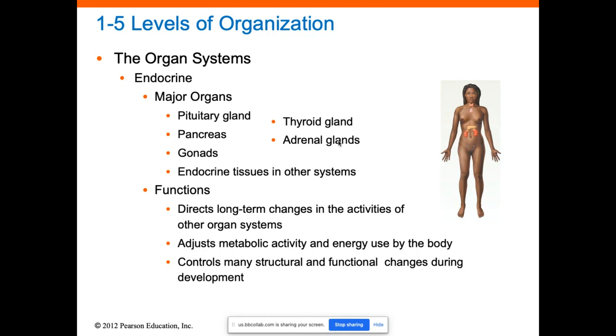Just get out of danger's way, that type of thing. So the endocrine system is involved in producing hormones. These hormones are designed to control and coordinate functional long-term changes throughout the body.